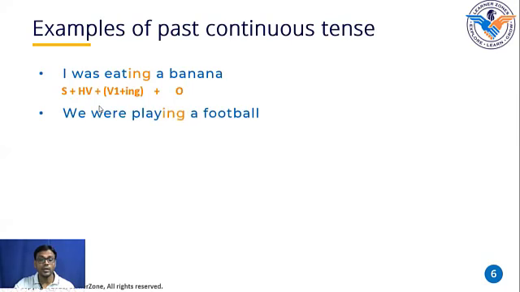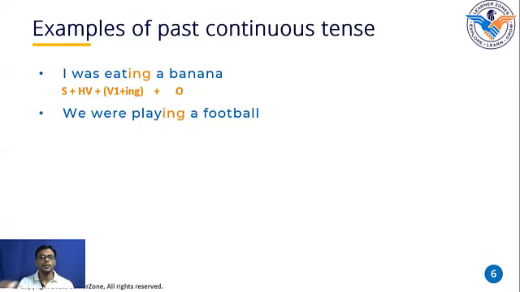Next, we were. Okay? You shouldn't pronounce it as "we were" in a regional way. With respect to different regional languages, we tend to pronounce the words differently. It should be pronounced as "we were". Just say we were, and then it will be completely fine.